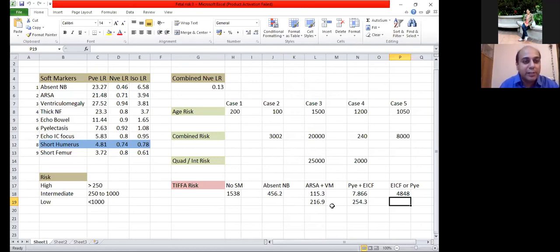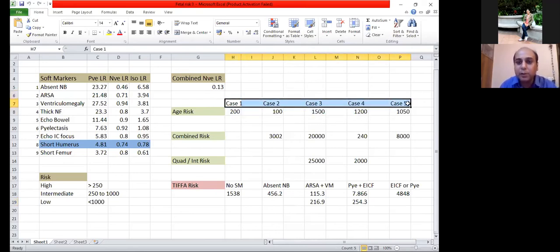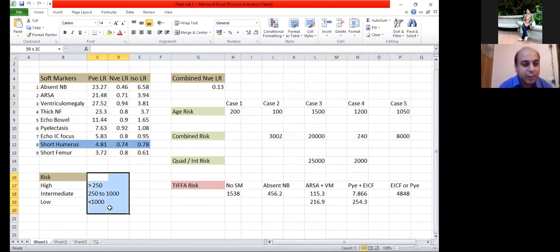Now, in this Excel sheet, we have on the left side all the soft markers, positive LR, negative LR, isolated LR. We have the combined negative LR of 0.13 as we have all calculated. And we have these case examples. And here we have, just for revision, the high, intermediate, and low risk category.